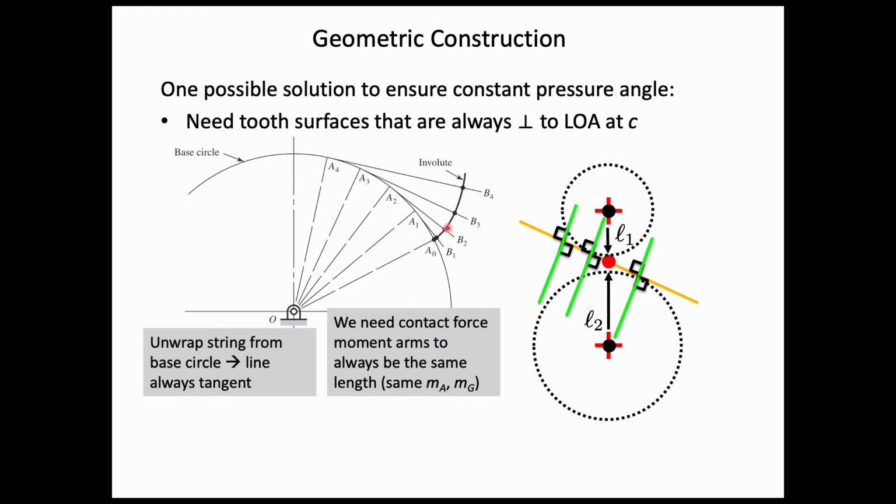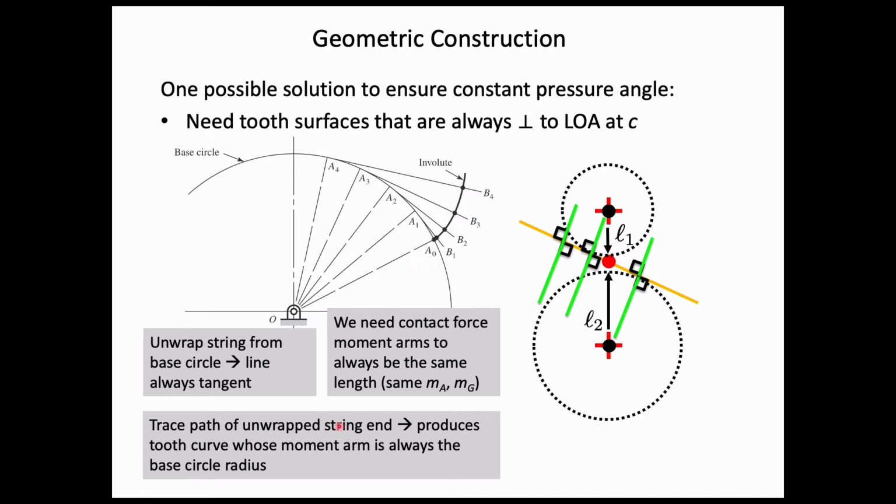Any point along this curve, if we were to draw a line perpendicular to the tangent surface, it would intersect the base circle in such a way that this line is tangent to the base circle. And because it's tangent, this is the moment arm for any forces that are directed in this orientation, perpendicular to the contact surface.